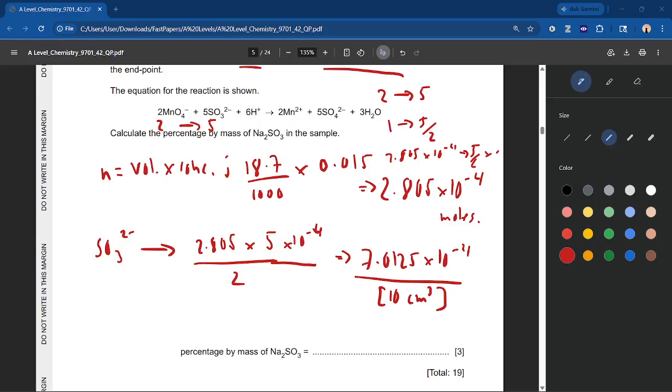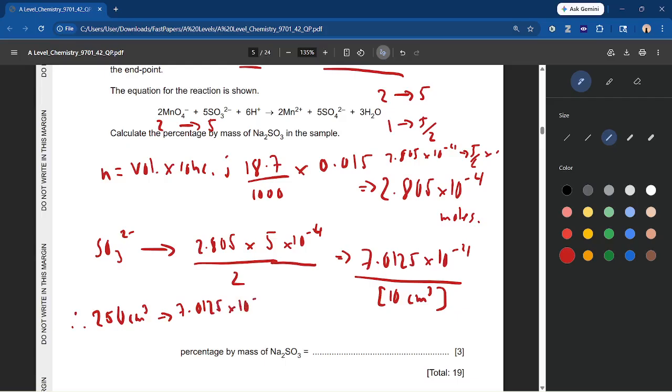We've got our value over here. We know that 7.0125 times 10 to the power minus 4 moles was in 10 cm³. So in 250 cm³, it's going to have 7.0125 times 10 to the power minus 4 divided by 10 times 250.